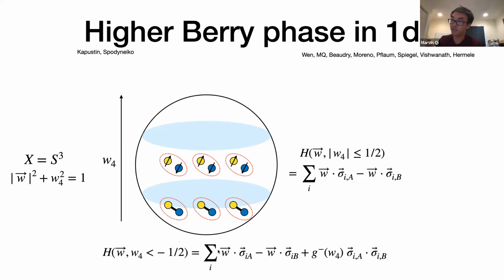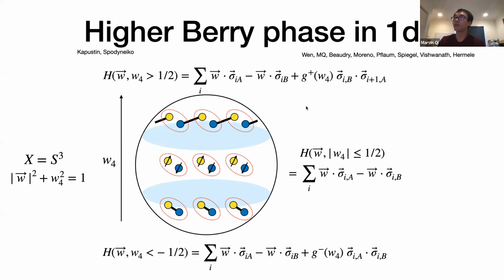So what's happening is I'm slowly turning off this magnetic field and increasing the strength of this Heisenberg interaction. At the actual pole, the magnetic field disappears, the Heisenberg interaction is the only term in the Hamiltonian, and we get spin singlets on each unit cell.